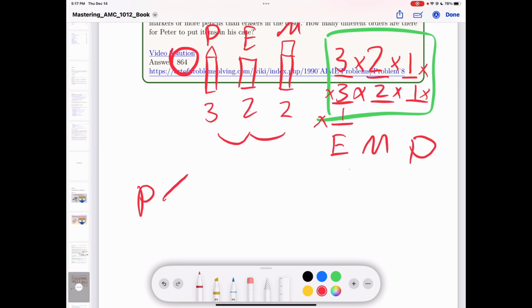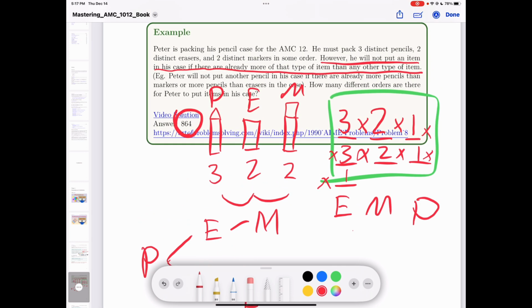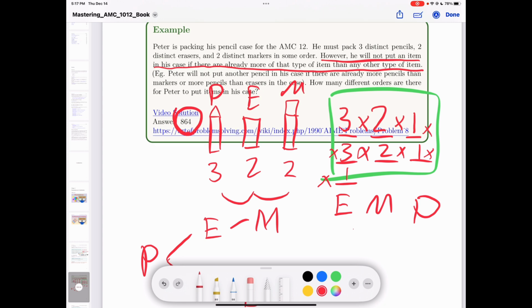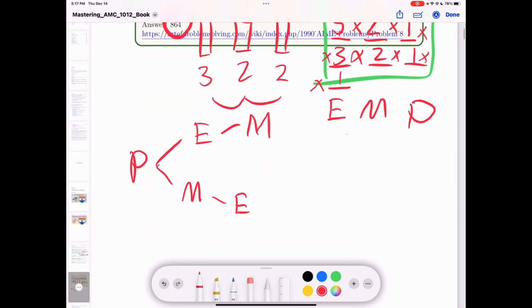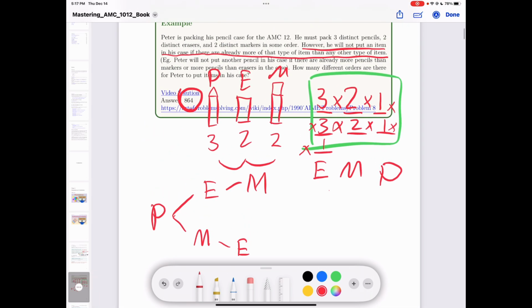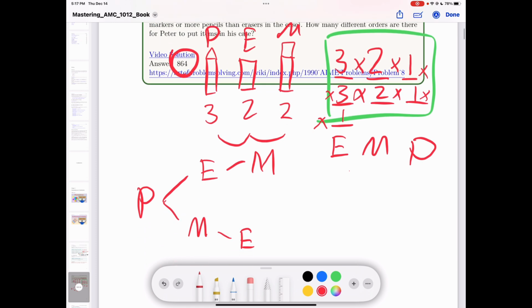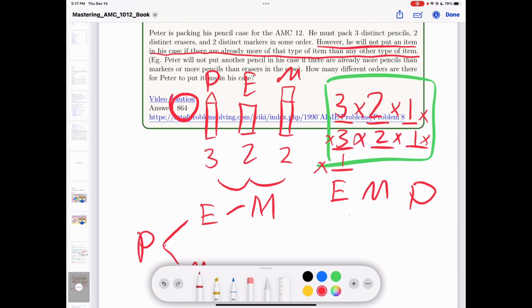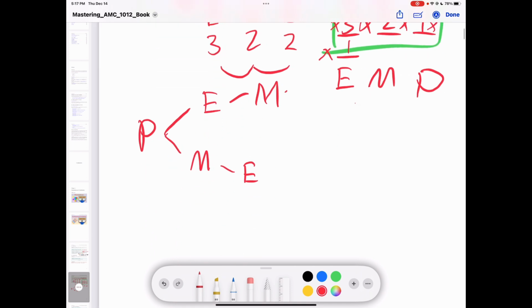So we start with P. We have to go to E, or we have to go to M. And if we do that, this has to be E, this has to be M. So from here, let me write smaller, we have P, E, M, and this we have M, and this we have E.